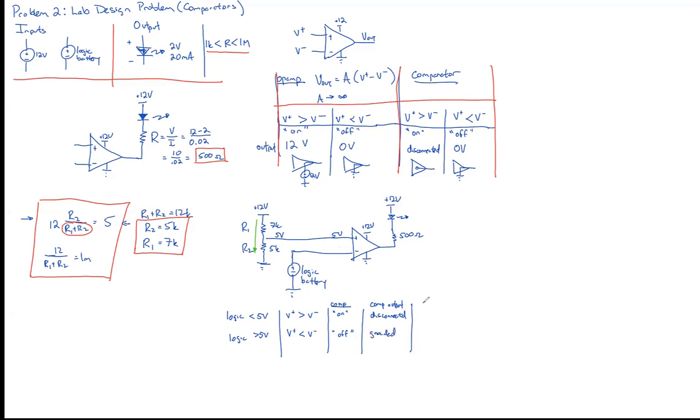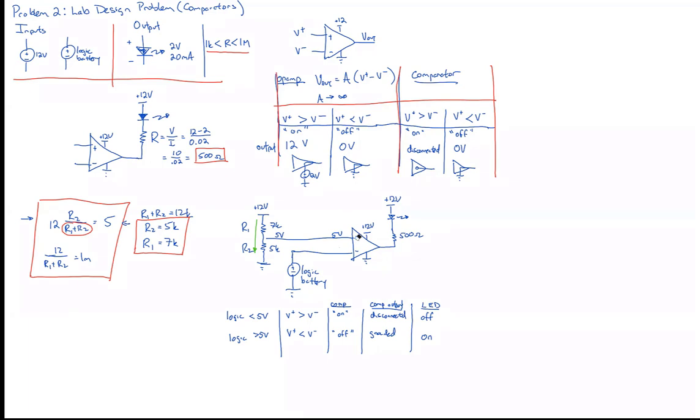Now we can check how that LED is doing. If the output of the comparator is disconnected, this LED will be off. Here, the LED will be on. And that's unfortunate because that's the exact opposite of what we want. So how do we fix that?